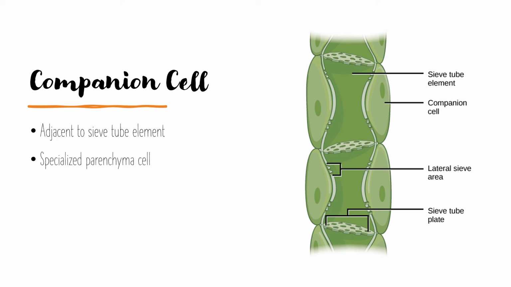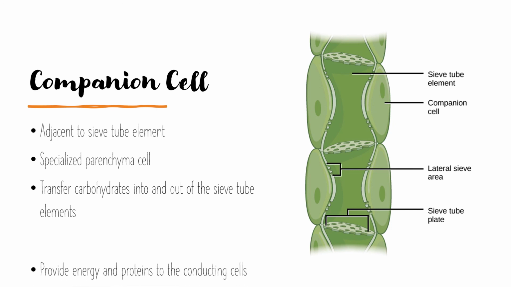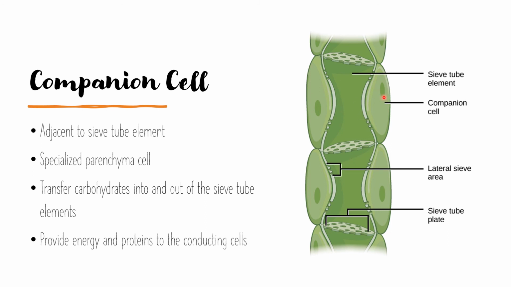So the companion cell is a specialized parenchyma cell that retains all of its organelles. Now, companion cells transfer carbohydrates into and out of the sieve tube elements, and they provide energy and protein to the conducting cells. So this is how the companion cells are attached to the sieve tube element.